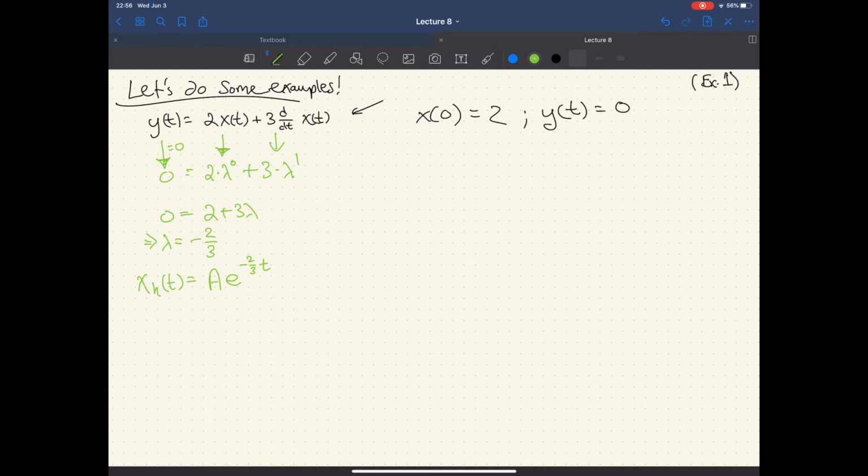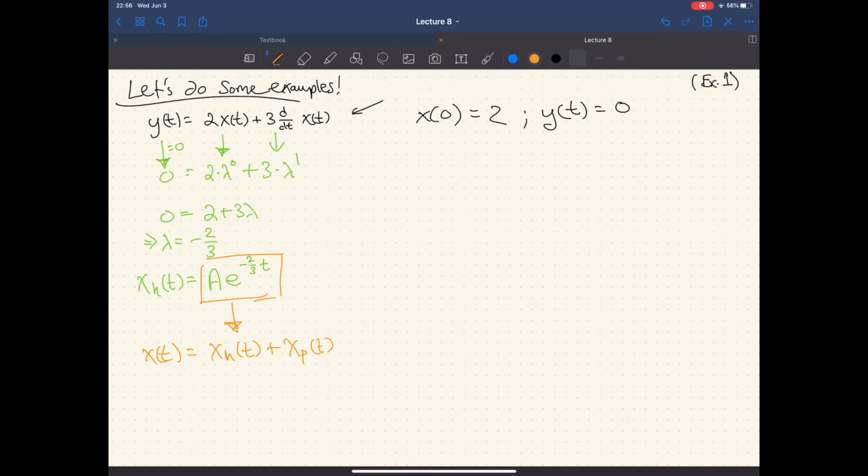That's it. That's our homogeneous solution. Now, what we can do is we say, okay, let's pop this in, and we have x of t is equal to x_h(t) plus x particular t.